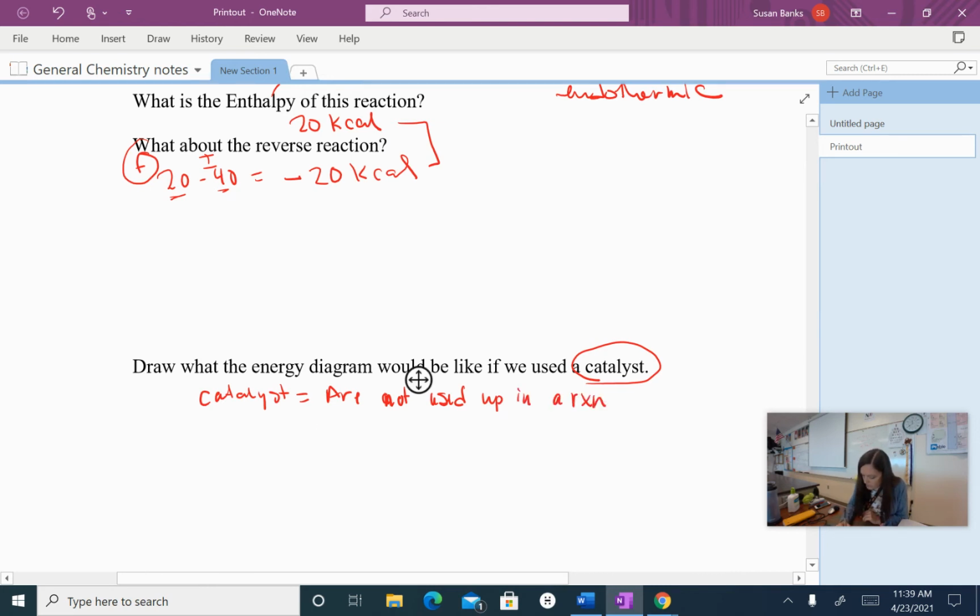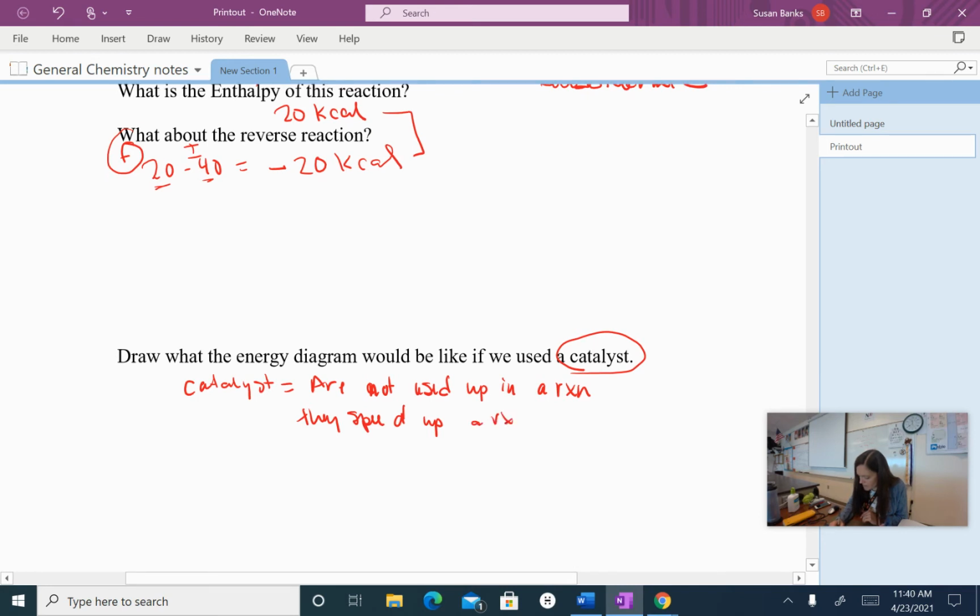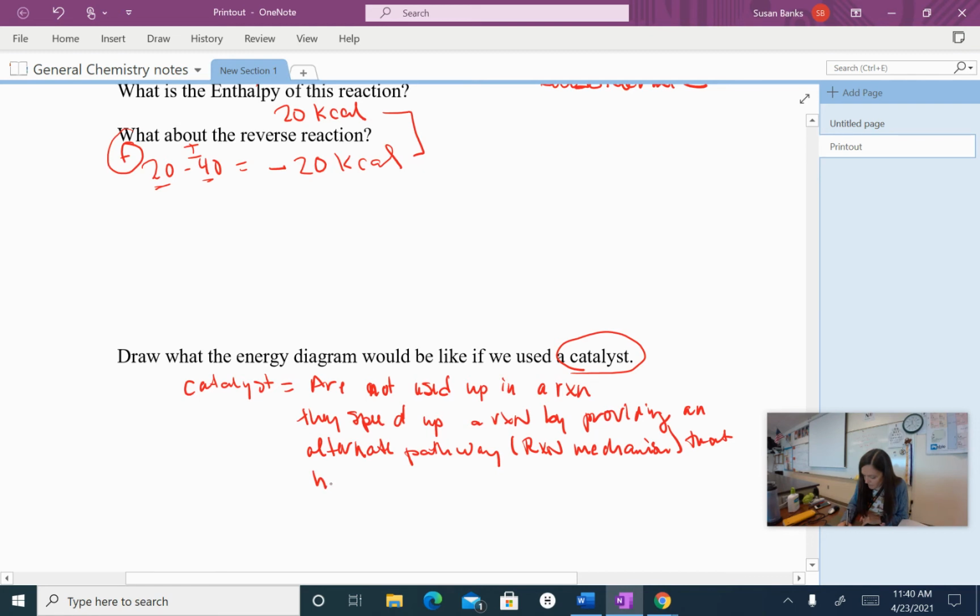They speed up a reaction by providing an alternate pathway. That's really fancy for reaction mechanism that has a lower activation energy.